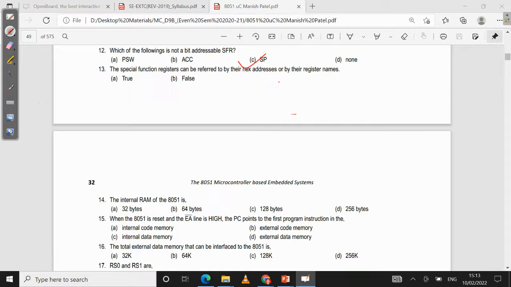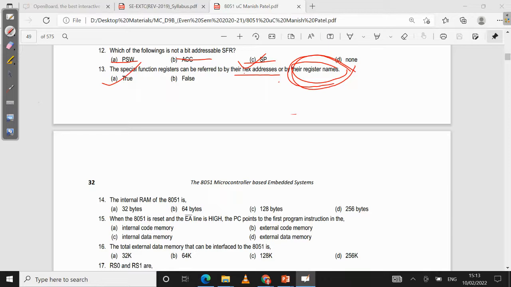The hex address is there to know the location of that particular SFR, but usually they are referred to by register name, such as SP, accumulator, PSW, TCON, TMOD, and so forth. So the answer is true.